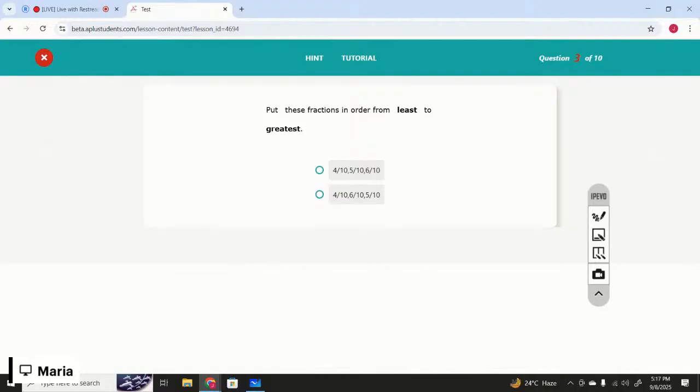Put these fractions in order from least to greatest. So which is the correct option?